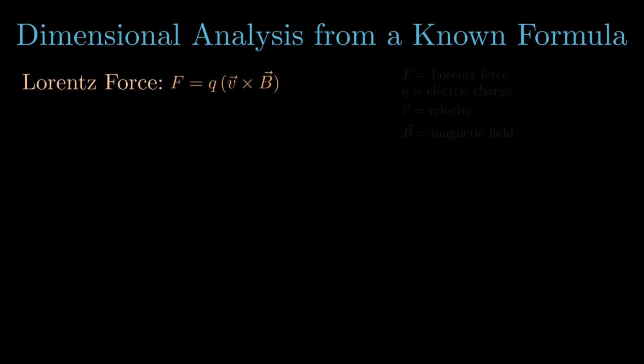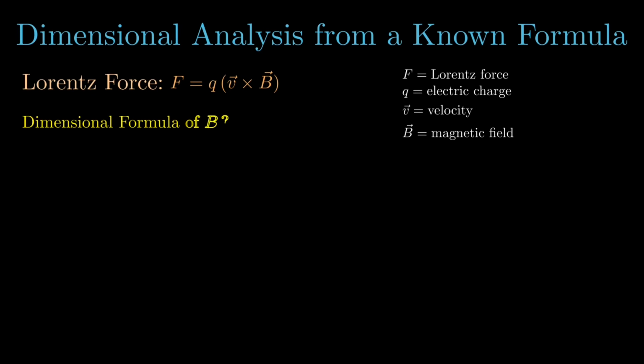Now let us try the same technique when the formula itself is already well known. Consider the Lorentz force, which is F equals Q times V cross B, where F is the force acting on a moving charged particle in a magnetic field, Q the charge of the particle, V its velocity, and B the magnetic field itself.